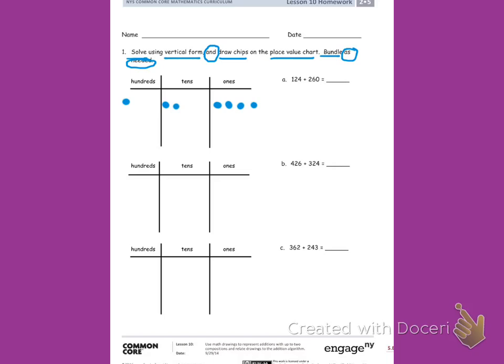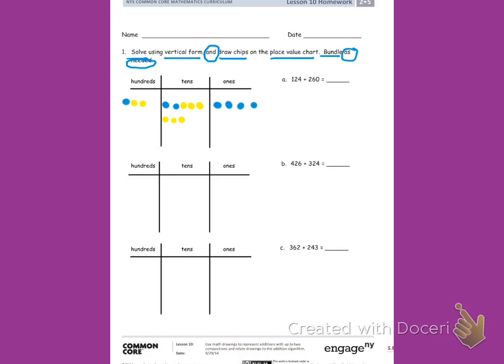Now 260, it has 2 groups of 100. 1, 2. It has 6 groups of 10. 1, 2, 3, 4, 5, 6. And it has 0 ones. So I'm not going to draw anything there.